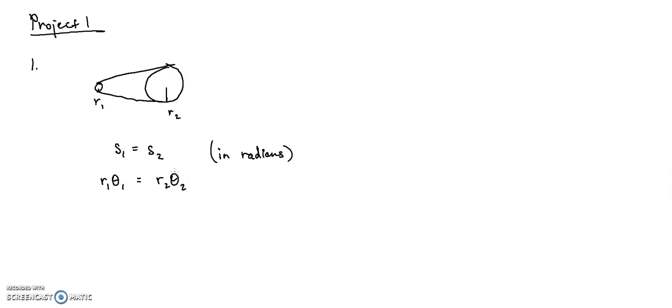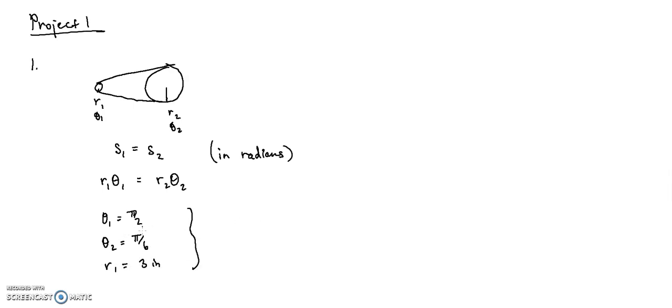Just for example, I'm not going to give you the one that's on the project. Let's say this one has theta 1, this one has theta 2. Let's say that theta 1 is pi over 2, theta 2 is pi over 6, and R1 is 3 inches.